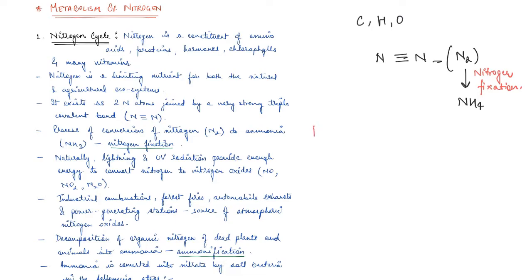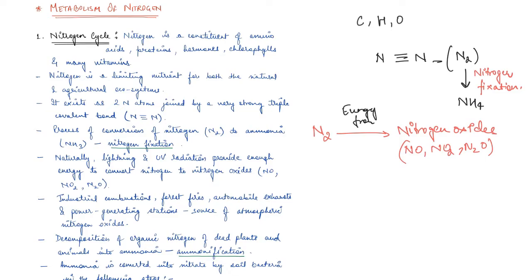So first, nitrogen is converted to nitrogen oxides. Now these nitrogen oxides can be NO, NO2 or N2O. And this is done by utilizing energy from light or UV radiation, right?